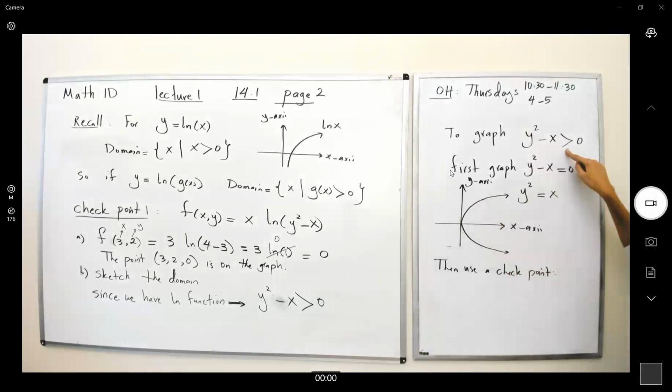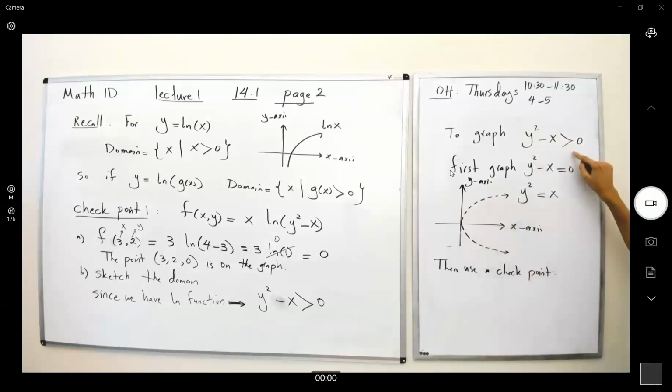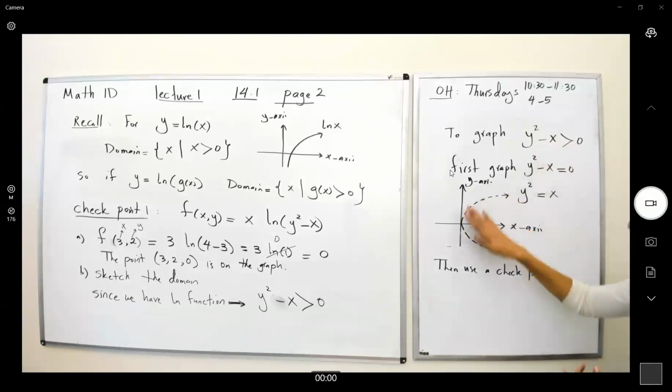Note that here you don't have any equality. What's the meaning of that? It means that the points on y squared minus x equals 0 are not actually on the curve. So we're going to use a dotted curve. If you have equality, you draw it as it is. But since there is no equality here, you're going to have a dotted curve.